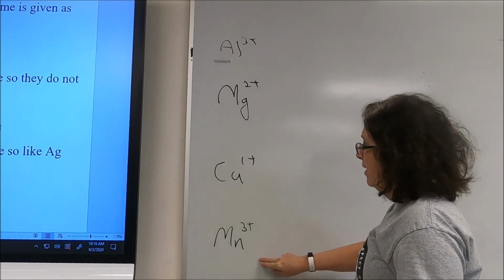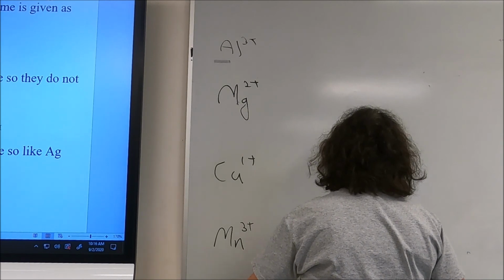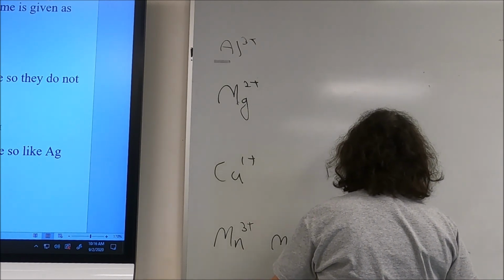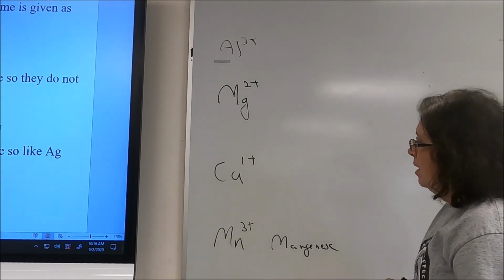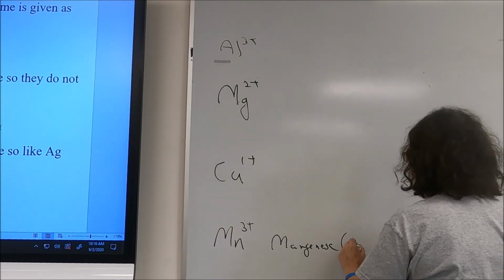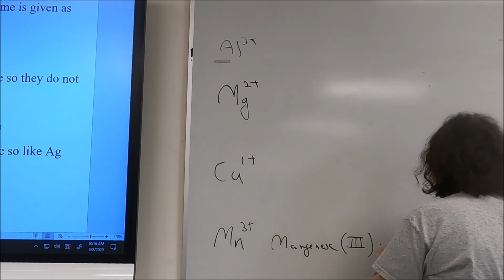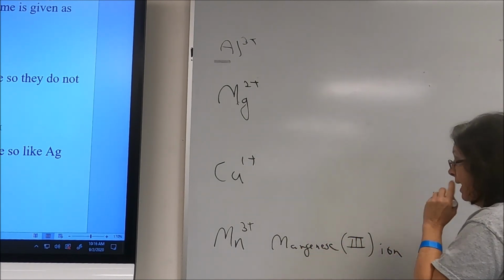All right, let's start down here at the bottom. Mn, that's manganese. Okay? Manganese is a transition metal. It's in the D block. So I know I'm going to have to put a Roman numeral here for its charge, and then the word ion. So we call this the manganese 3 ion.